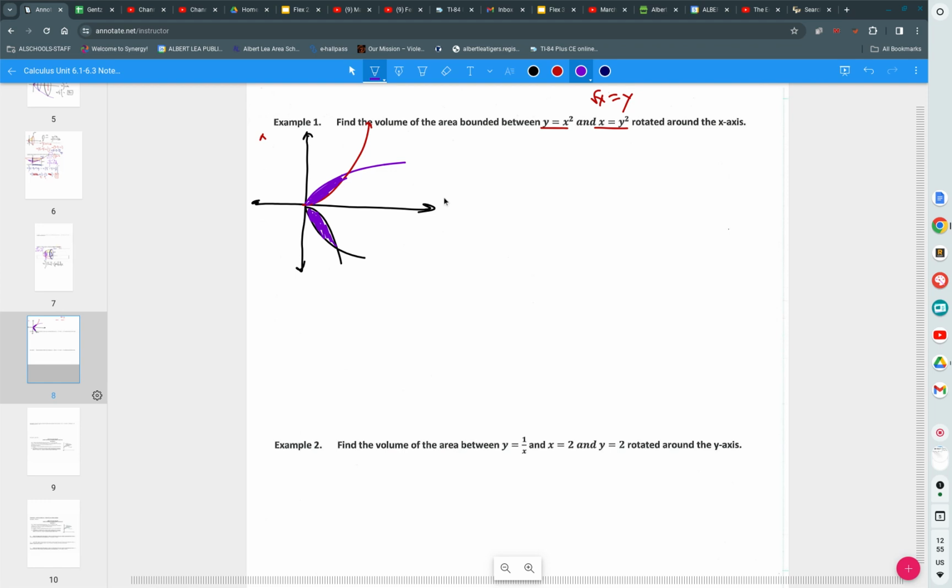If I were to try to draw what this looks like when it's rotated, again, I look at a small rectangle in the original space. If I rotate that around, I'm going to get this empty circle on the inside, and then this filled-in circle on the outside.